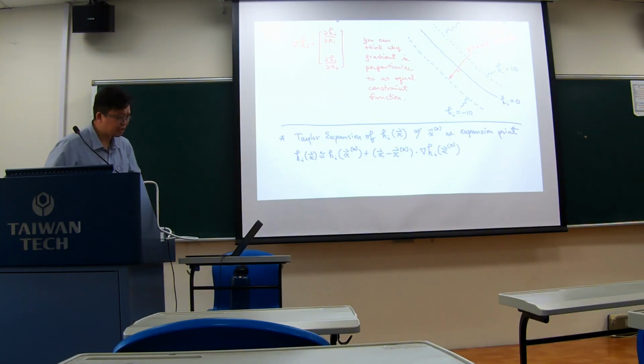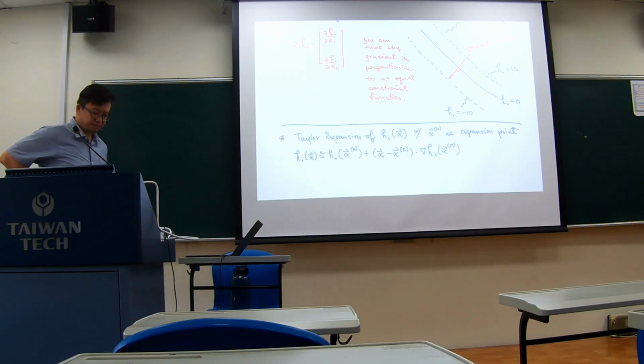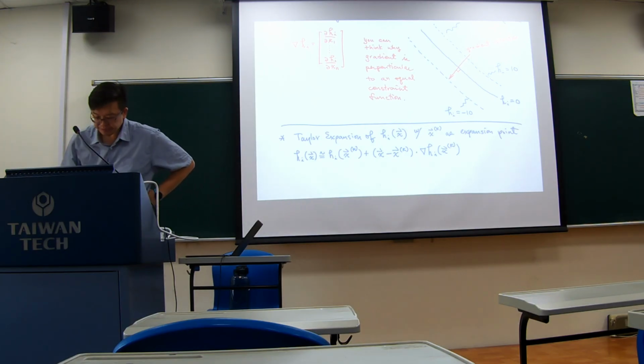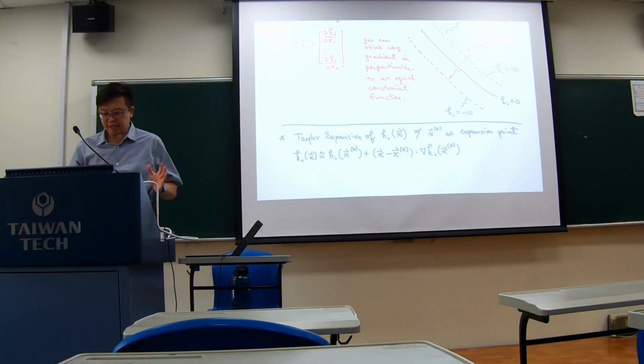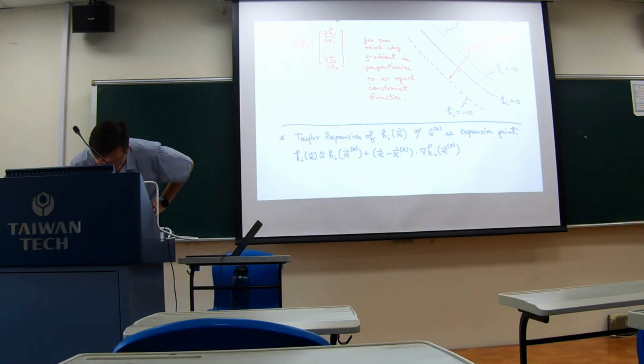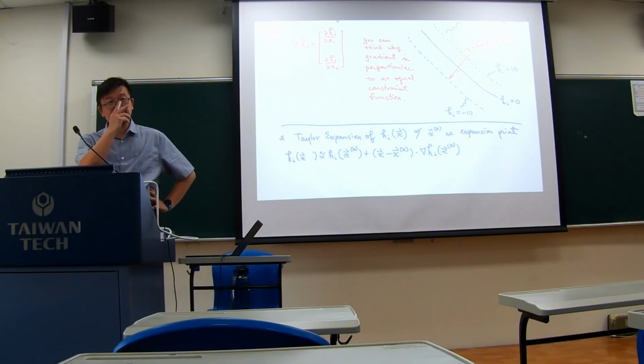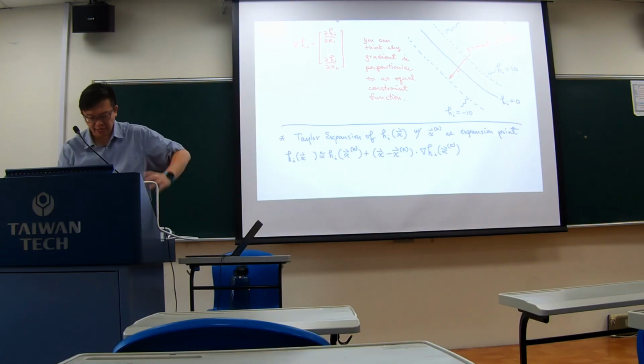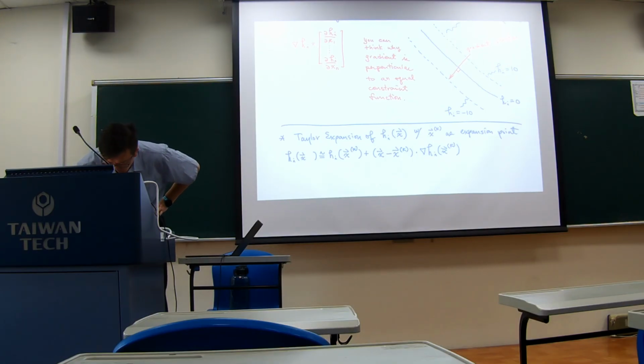Right? This is a first order Taylor expansion. Okay, and let's consider x is your xk plus 1. So it's like you are investigating the constraint function at the newer design point k plus 1.